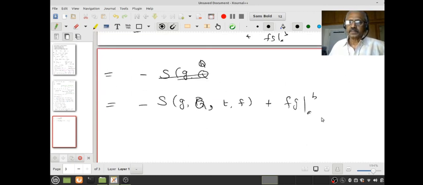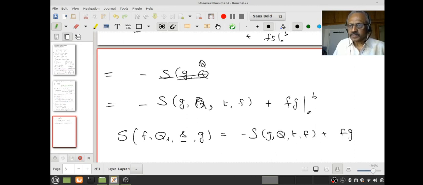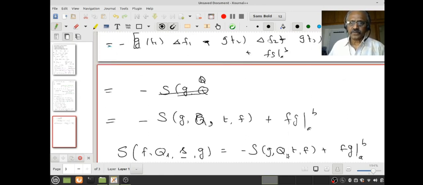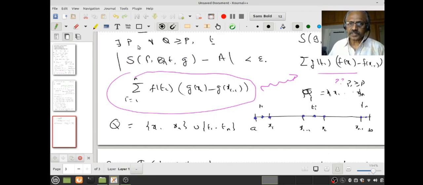So what we found was S of f with q1 and with g equals minus S of g with q and f, plus fg between a and b. This is what we found out. You understood this? I'm sorry for the notational change. If you are getting confused, let me restate: I'm starting with the partition p, so that for every partition q finer than p, this happens.